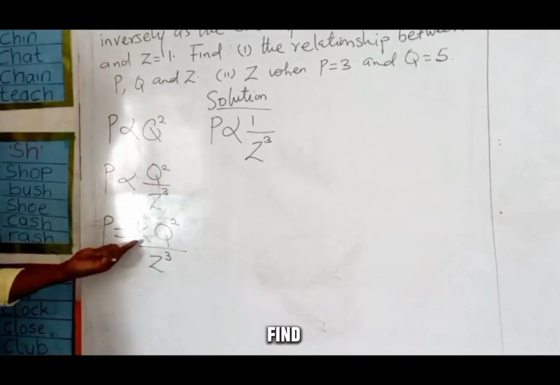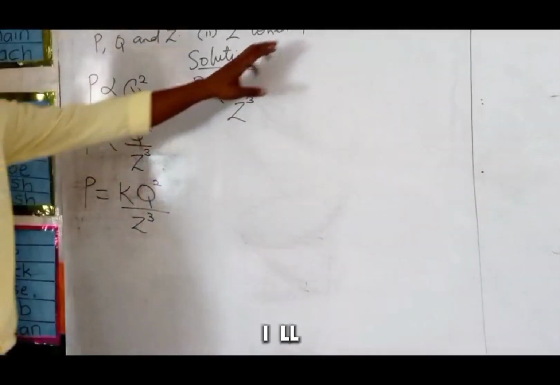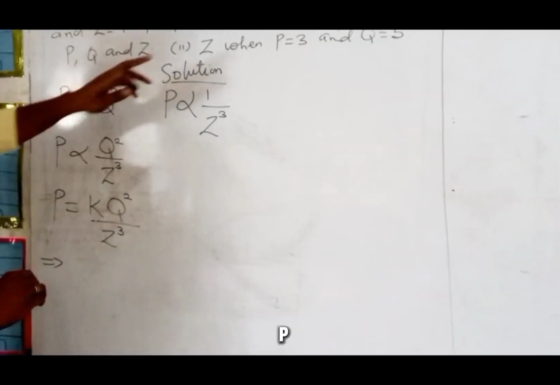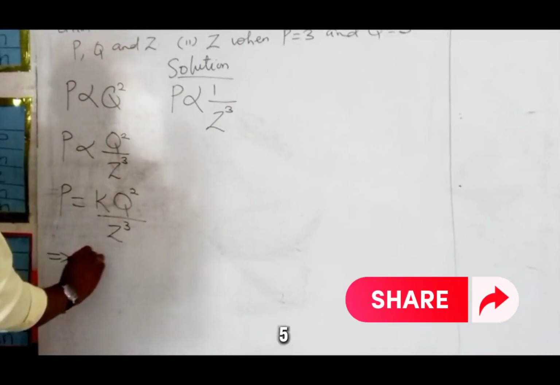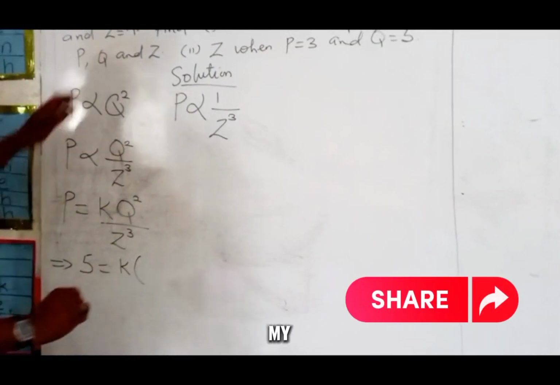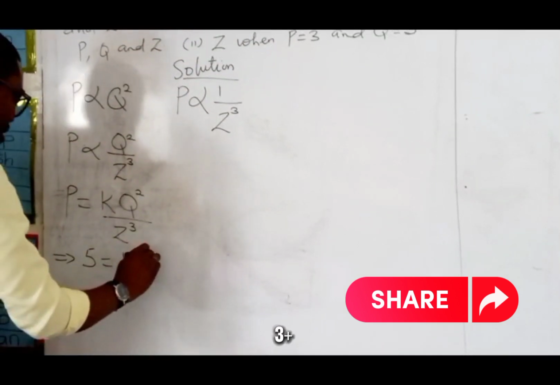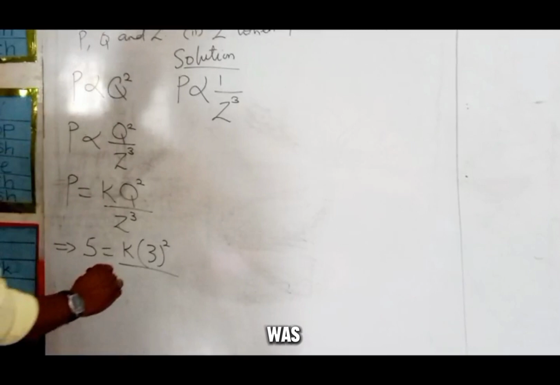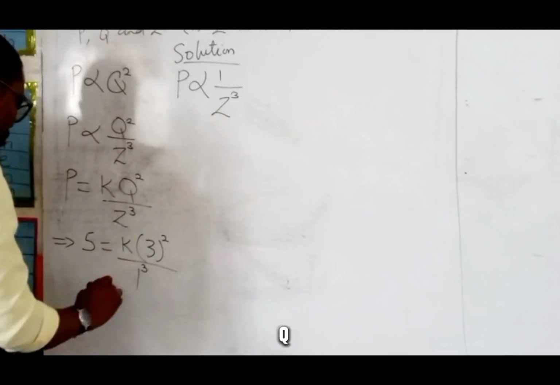Now I need to find the value of the constant K. I've been given the values of P, Q and Z, so I'll substitute them in here to be able to find the value of K. Then I can establish the relationship. I would say that my P from the question is 5, which is equal to K. My Q was given as 3, that's squared, over my Z was 1, so 1 cubed.